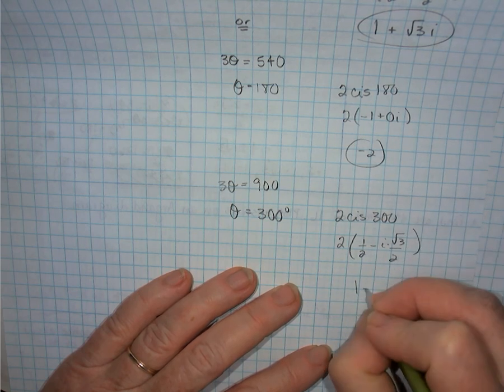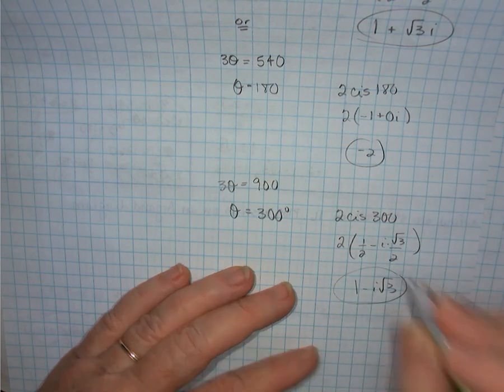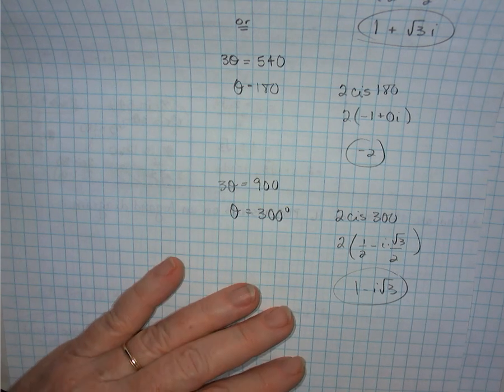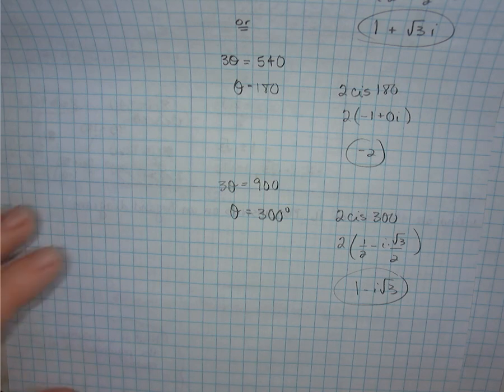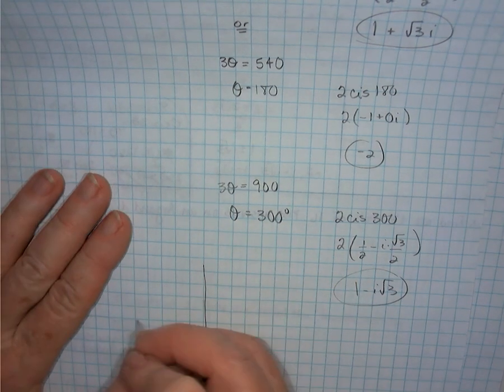So yet another root is 1 minus i root 3. And again, since we know we're looking for a cube root, in other words, x to the third is equal to -8, we know we're going to have 3 solutions. And here they are.